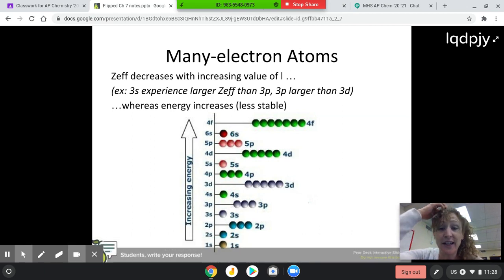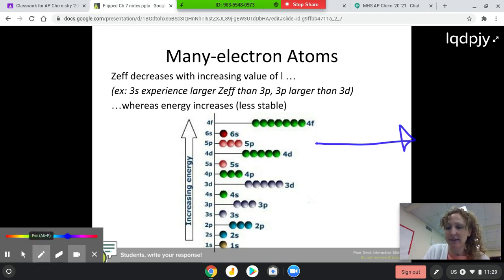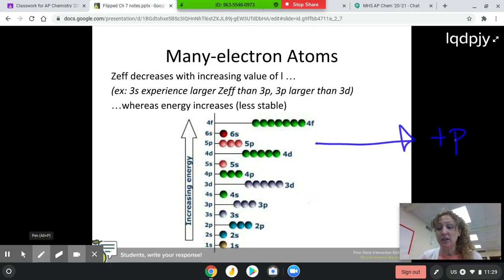So Z effective, as Lainey just pointed out, is going to increase as we go across the periodic table, because as you go across, you're adding protons, right? But you're not adding any core electrons. You're not adding any electrons to the first or second energy levels if you're in the third.